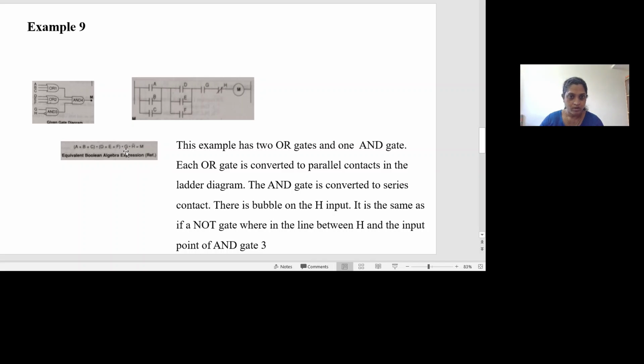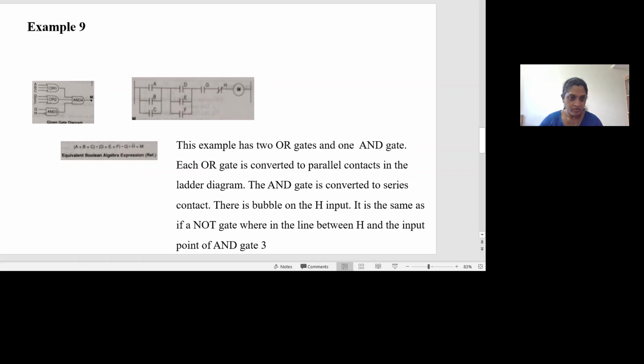Your G and H bar are ANDed, so in between this I've put a dot. And to produce the final output M, I'm ANDing the three combinations. So in between this combination and this combination and this, I have used an AND operator. That is, a dot operator is used here.